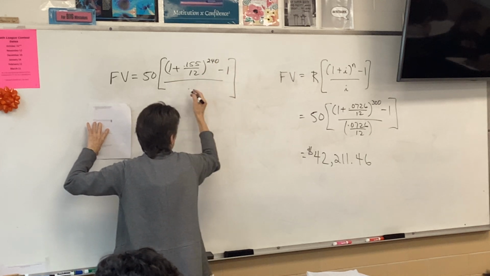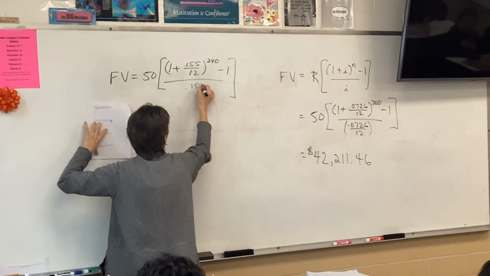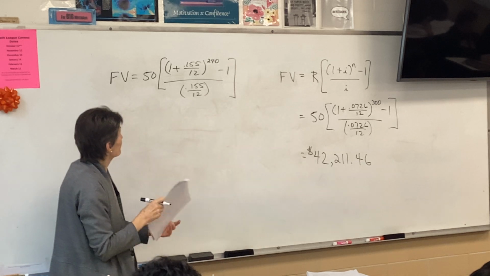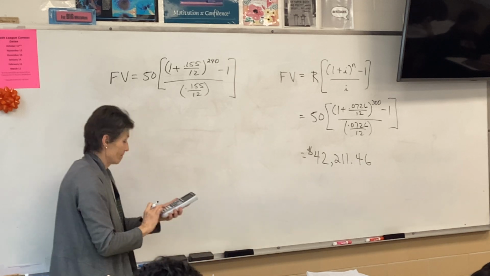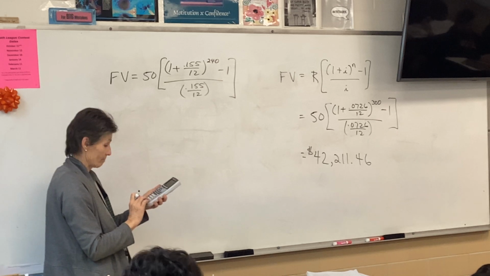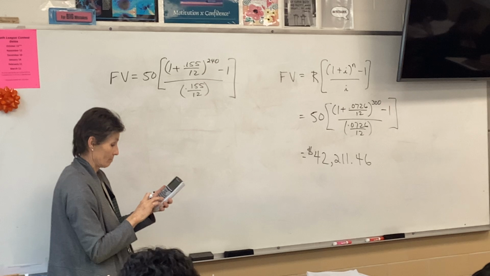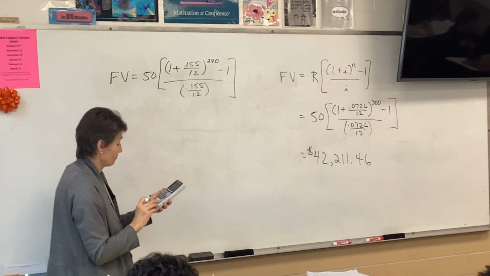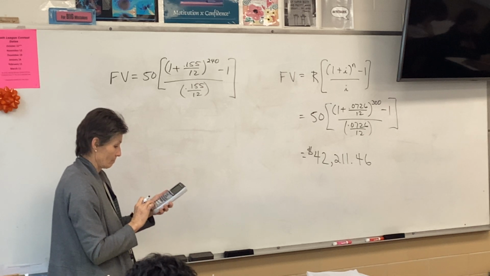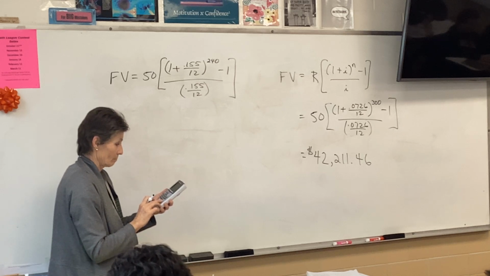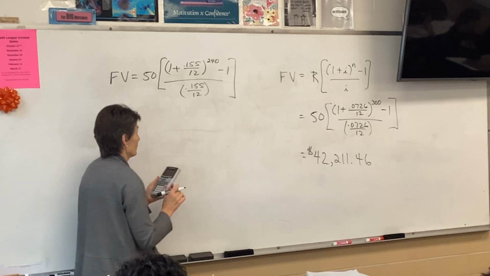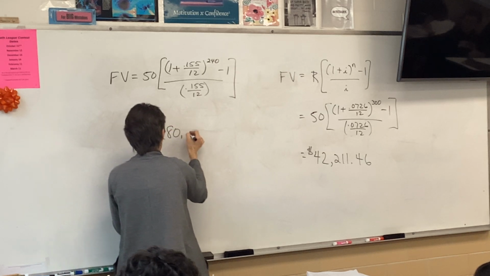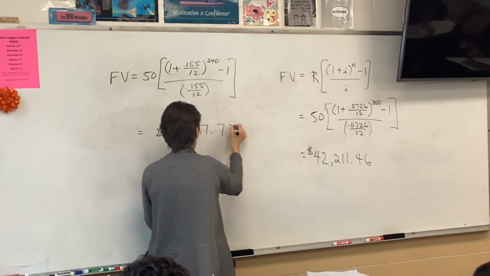Remember, N is how many payments you're making all together. So he's making 12 a year for 20 years. $1,367.73.